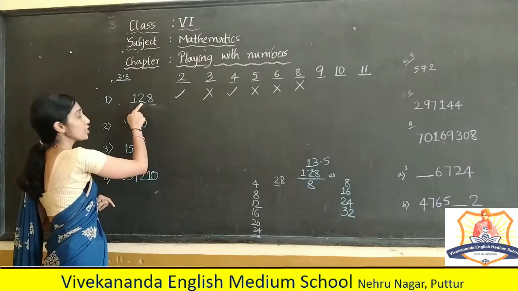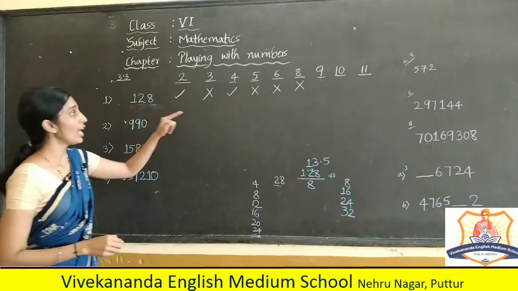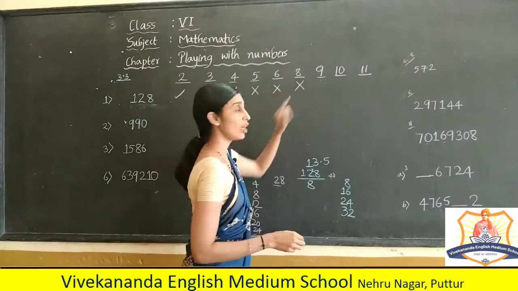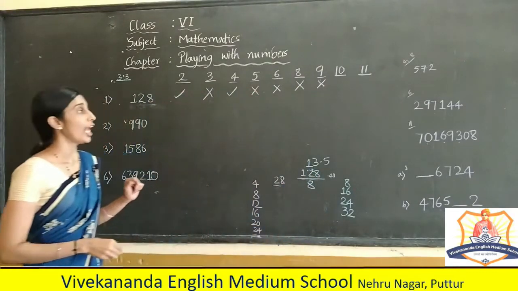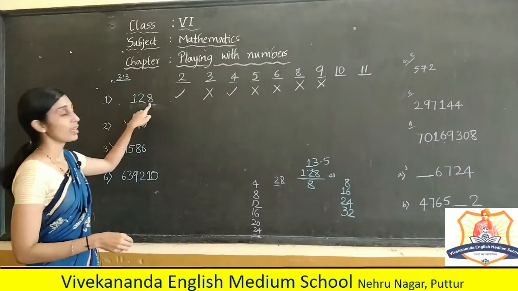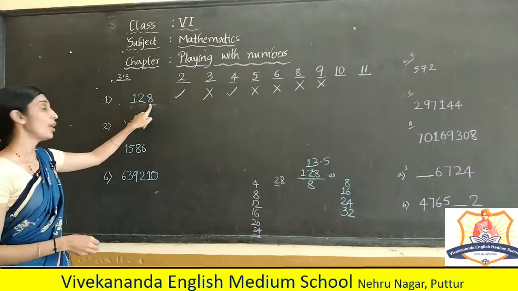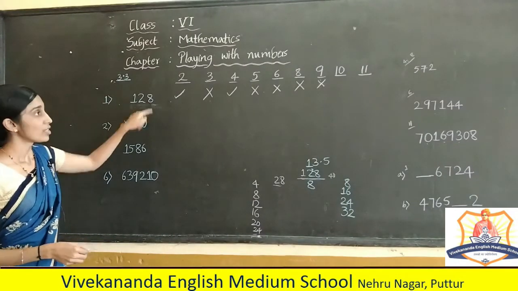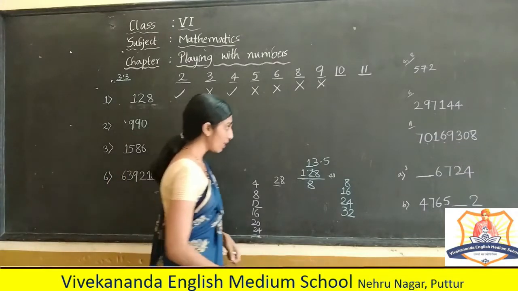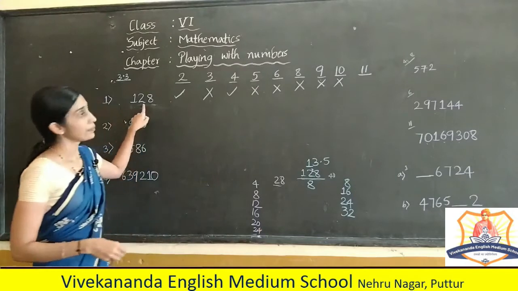So here 8 plus 2 is 10, 10 plus 1 is 11. 11 is not a multiple of 9. So the given number is not divisible by 9. Next, 10. Whether the given number ends with 0? No, it is not ending with 0. It is 8. So without any doubt this is not divisible by 10.